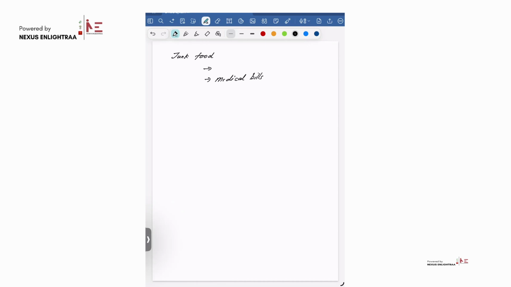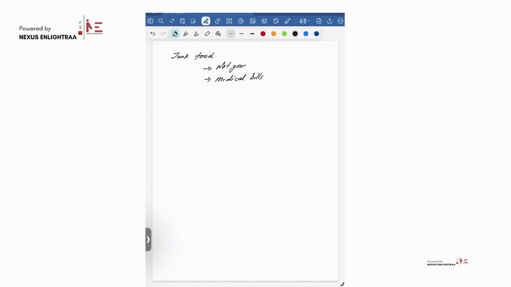Can we say that junk food does not provide us the nutrients it should have in our diet? Yes. So it is not good for your cognitive abilities, right?